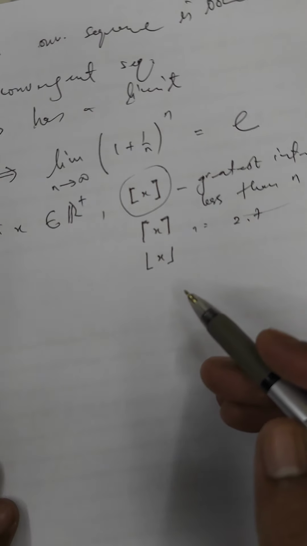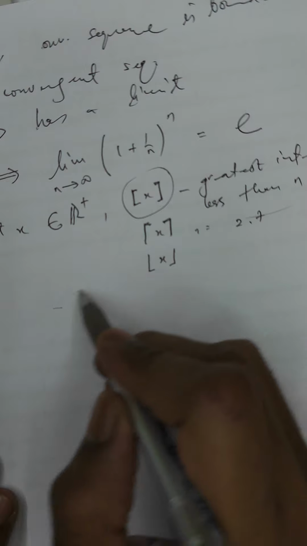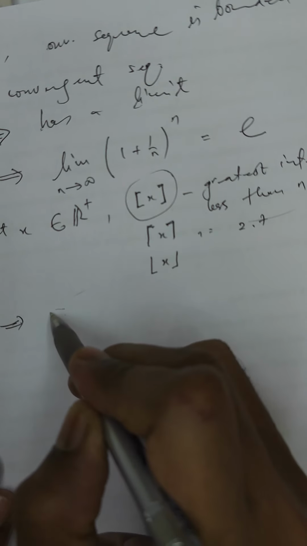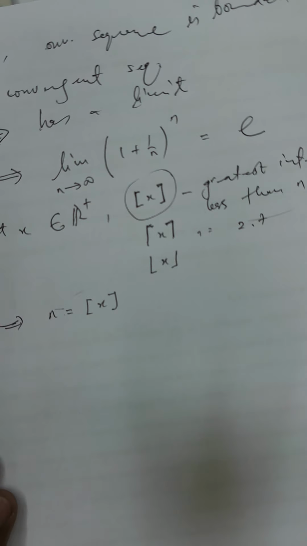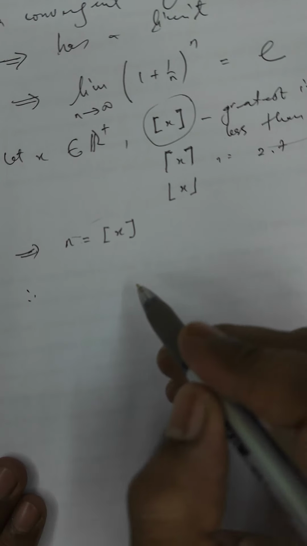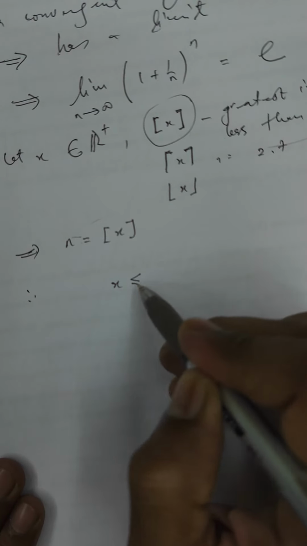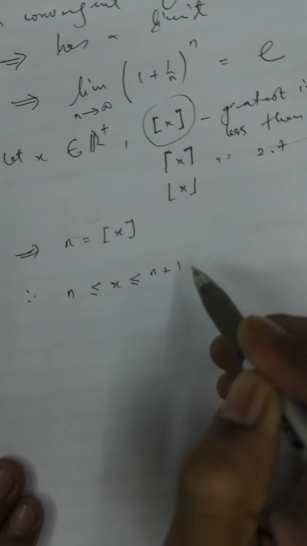Now, in this case, with the greatest integer, our n is equal to those. I use the notation in your notes. Therefore we have our x is in between n and n plus 1.